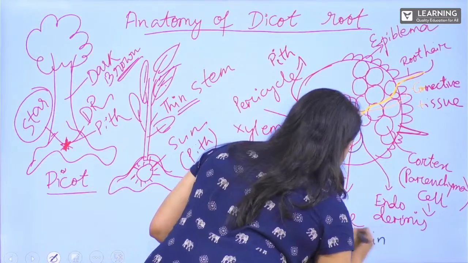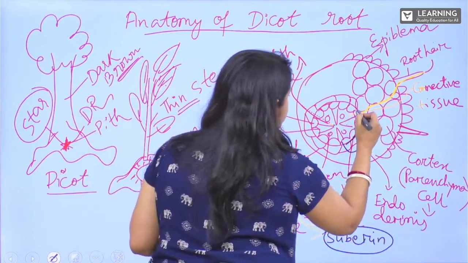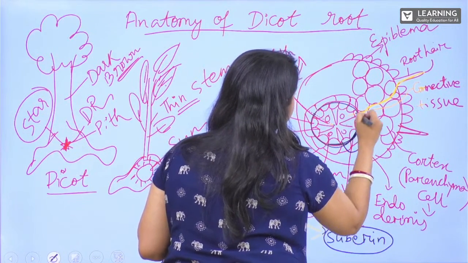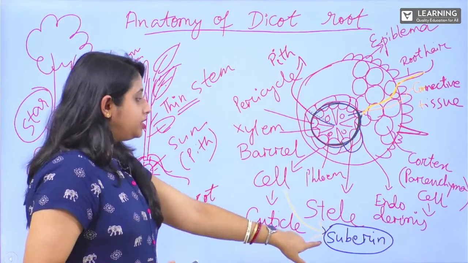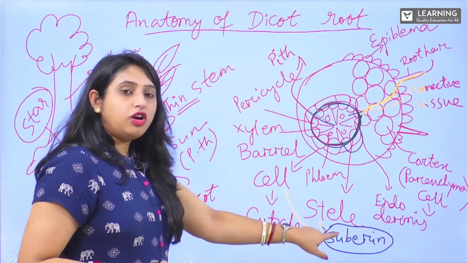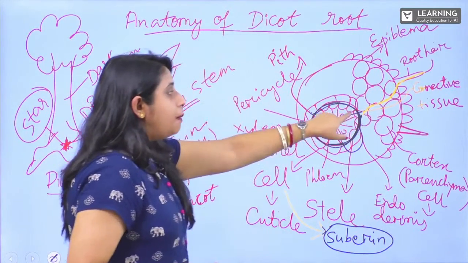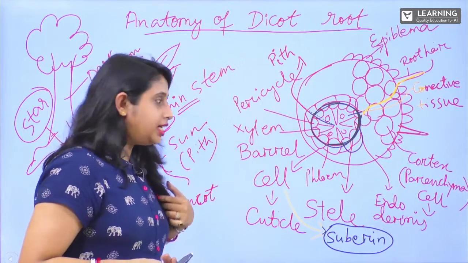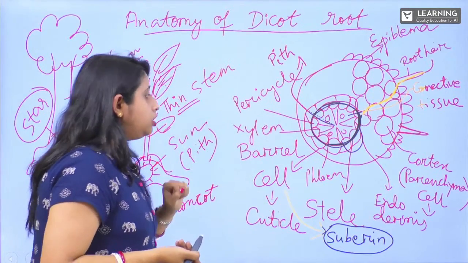Suberin is a waxy layer which is present here in the endodermis. So it does not allow the water to pass. Because of suberin, the water cannot pass through the cytoplasm. It will pass through this intercellular space. Clear? So this is how the dicot root looks.